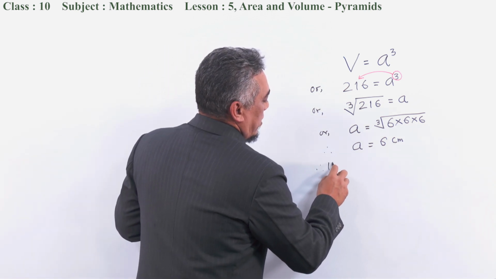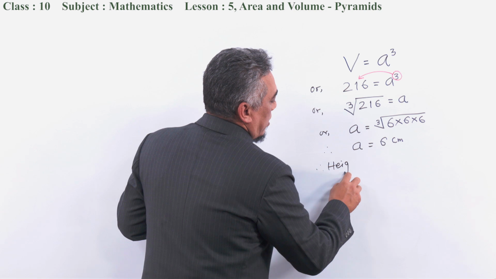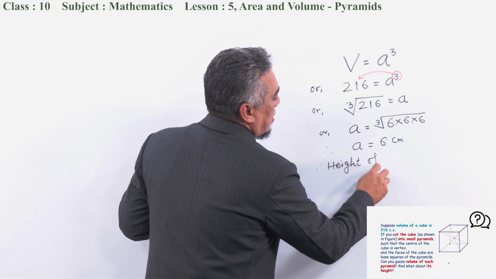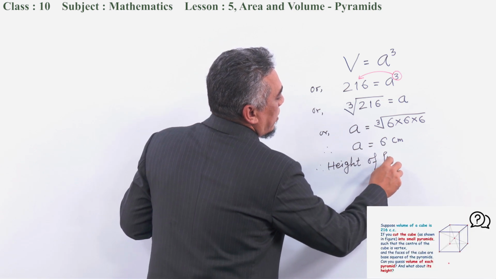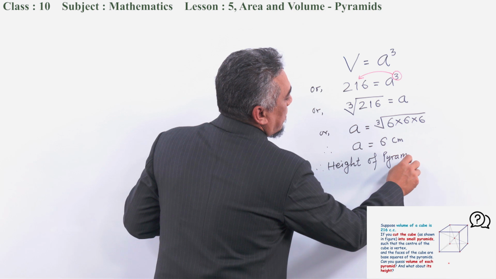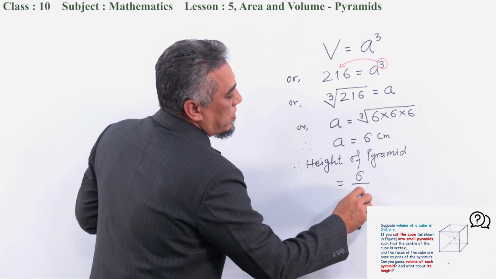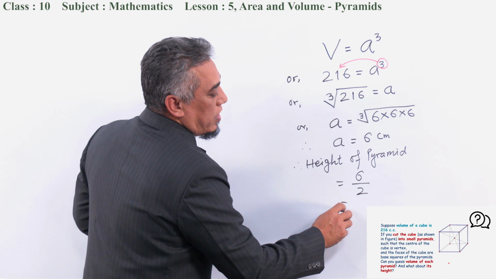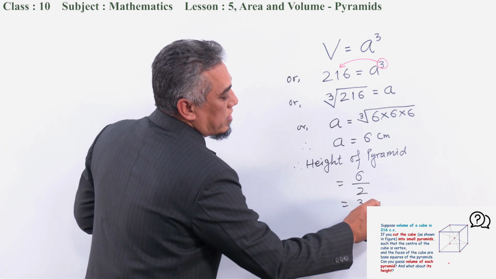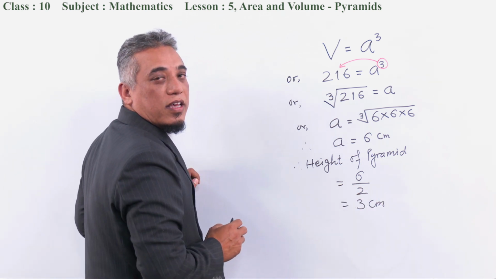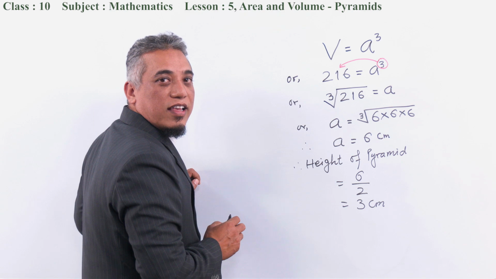Therefore, height of pyramid equals 6 divided by 2, it is 3 centimeters. Is it clear? Okay.